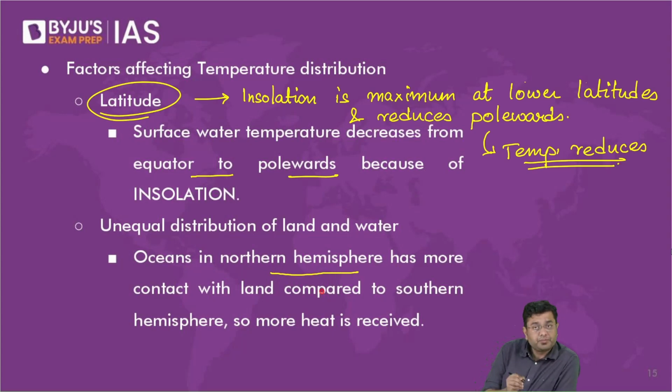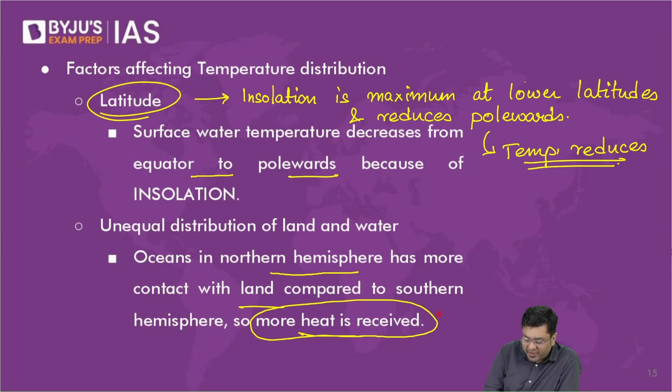Then, unequal distribution of land and water. When we talk about oceans, they also get influenced by the heating of land and the nearby areas. When the nearby land gets significantly heated up, it extends that heat to the nearby water bodies as well. So the oceans in the northern hemisphere have more contact with land compared to the southern hemisphere.